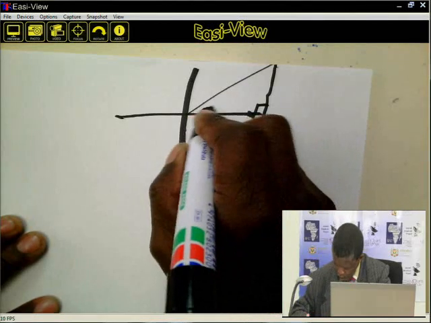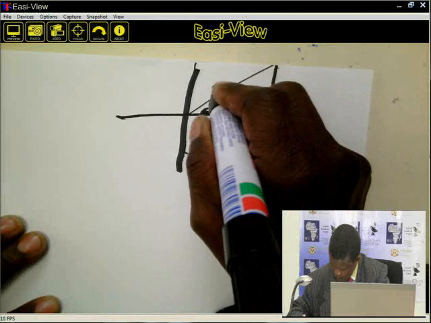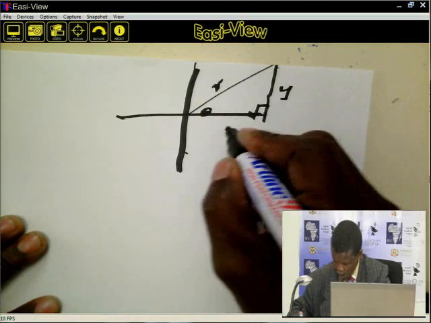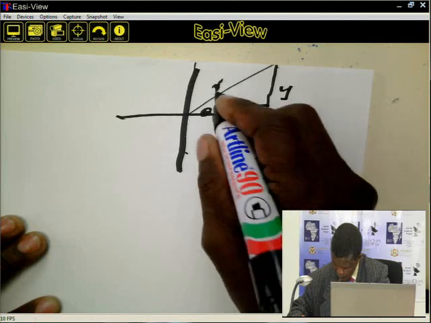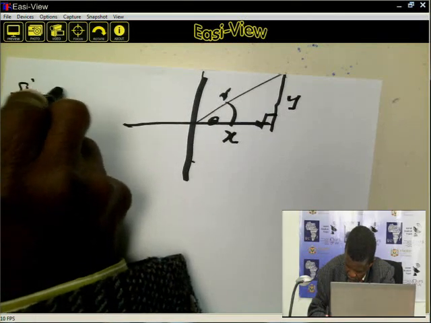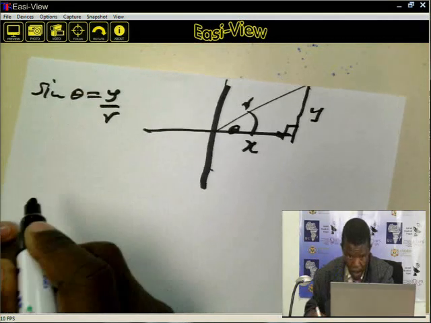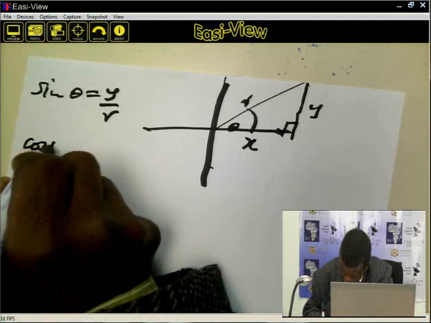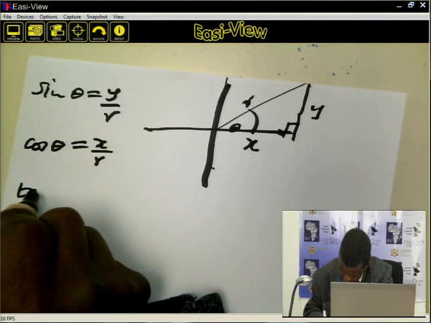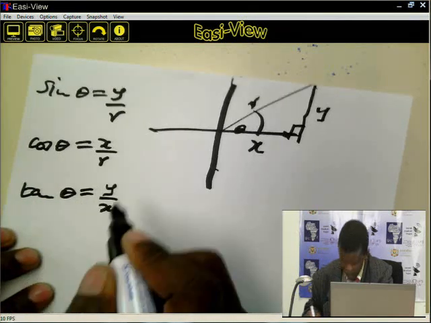And people invariably say, now if we have a circle of radius r, and obviously this will be the y value, and this will be the x value, sine of theta is equal to y over r. The cosine of theta is equal to x over r. The tan of theta is equal to y over x.